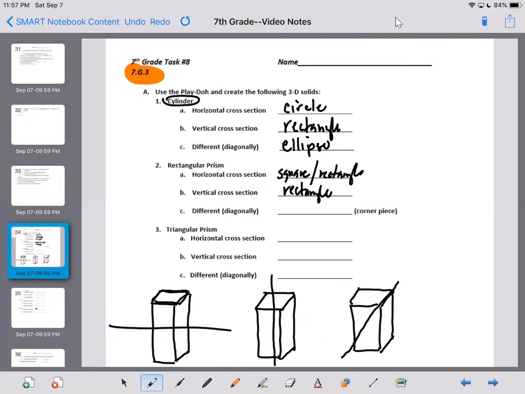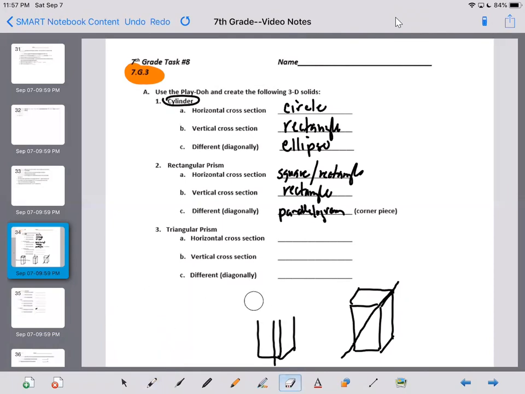You would see a parallelogram or a rectangle, depending; the different shapes can vary, but we're definitely focusing on the horizontal and the vertical 3-dimensional slice for different shapes. That's where the big focus is for the students.